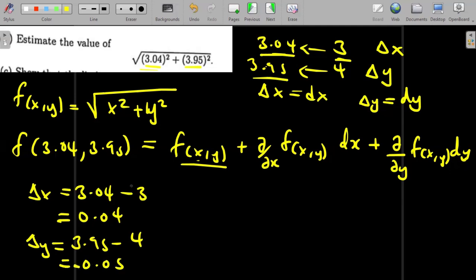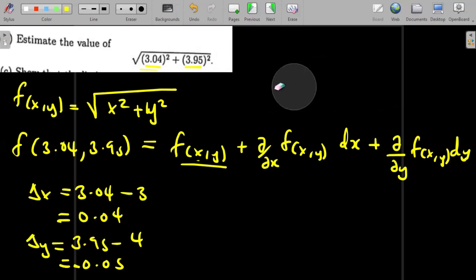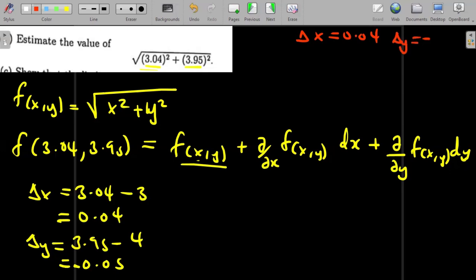So you found the changes first of all. Let me write these changes on top: my change in x is 0.04, and the change in y is negative 0.05. So those are my changes.